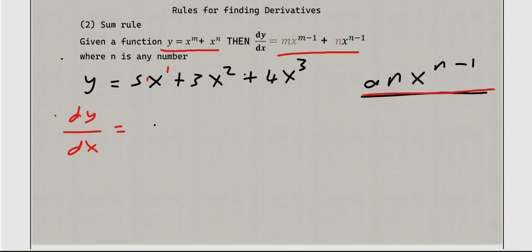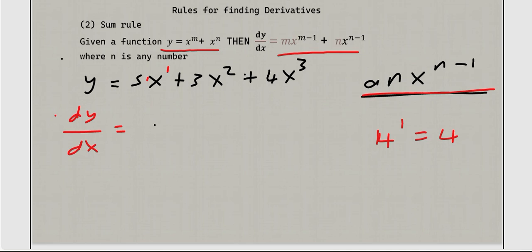Because remember we said any number raised to power 1, so 4 raised to power 1 is also 4. So anytime you see a letter like x that doesn't have a power raised to it, just know automatically that that's power 1.